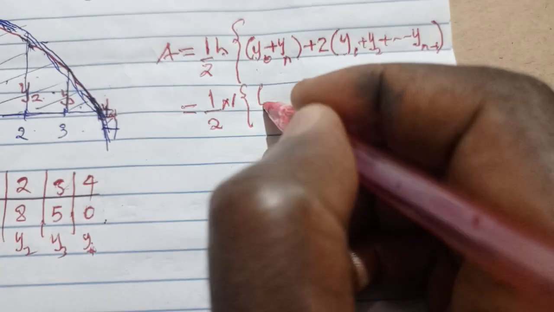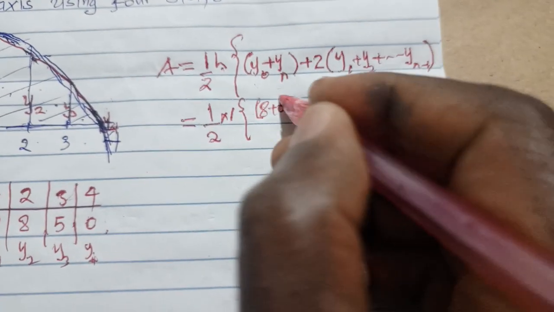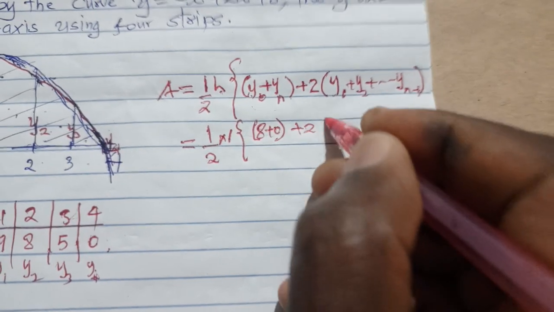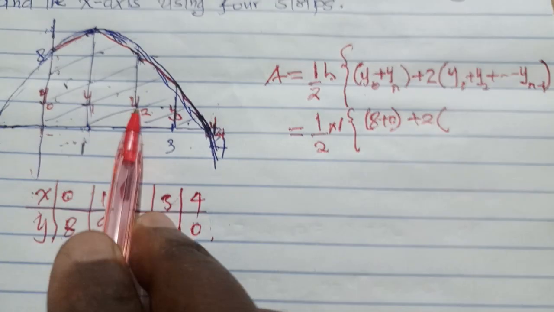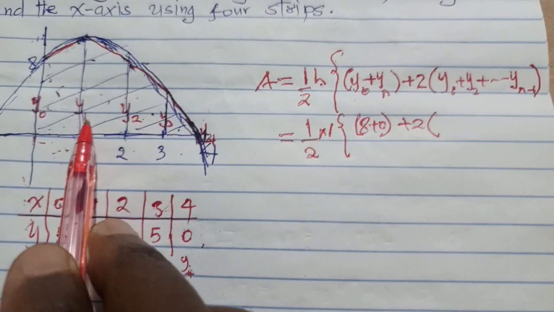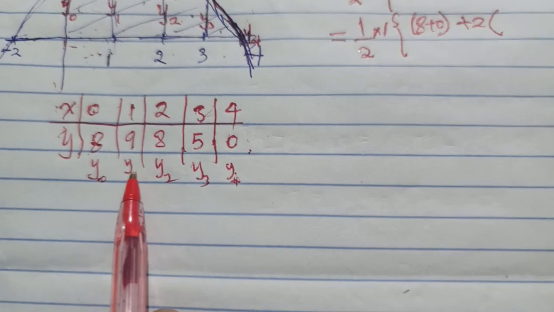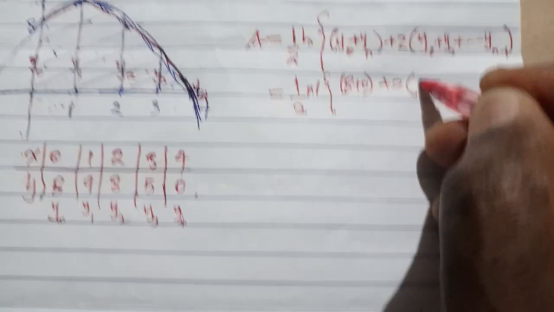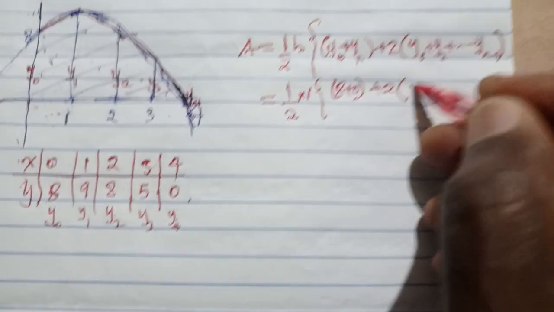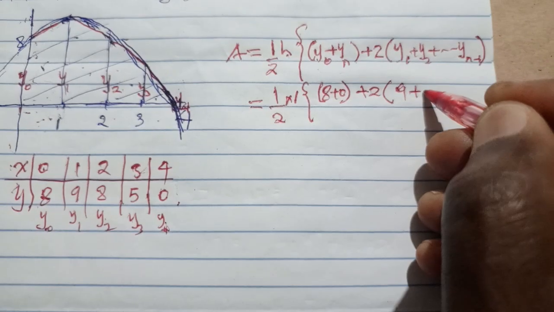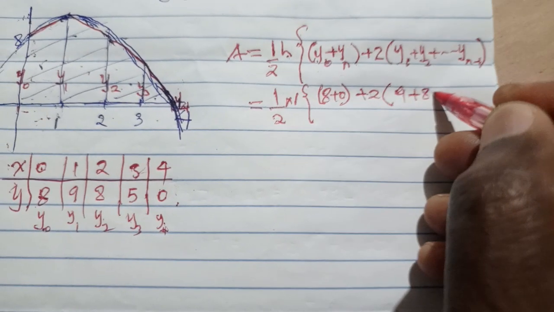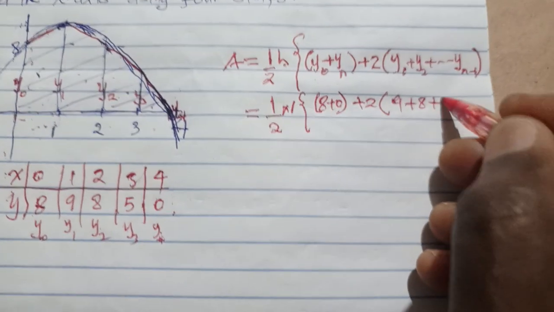So in the first bracket we'll have 8 plus 0, and then plus 2 into, now the middle, the other y's. So the other y's are y1, y2, and y3. And our y1 is, as you can see, 9, y2 is 8, and y3 is 5.